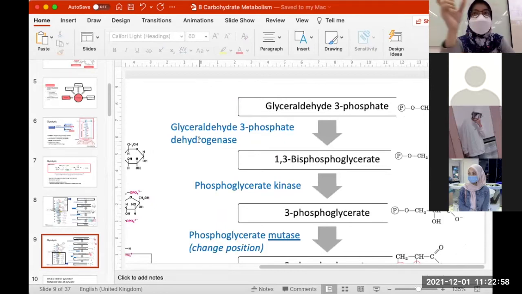Dehydrogen meaning it will remove hydrogen group. So this hydrogen group is removed and a phosphate group is added. So now this one has 2 phosphate groups at carbon 1 and carbon 3. So it's 1,3 bisphosphoglycerate, bis means 2.